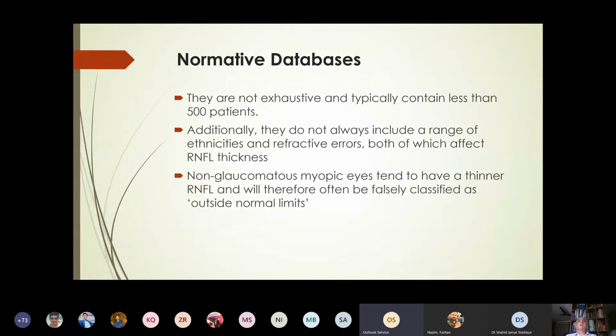So non-glaucomatous myopic eyes tend to have a thinner retinal nerve fiber layer and will therefore be falsely classified as normal limits. So that is one slight flaw of the normative database. But if you know about that, you can adjust for it in your settings if you have any problem with this.